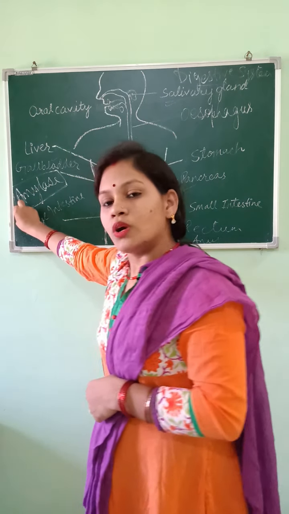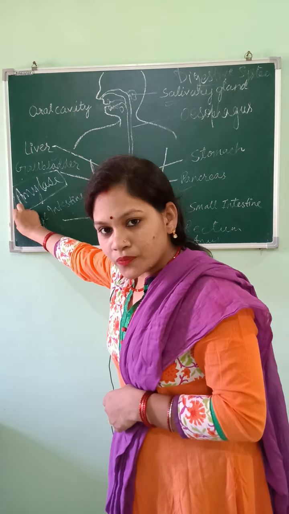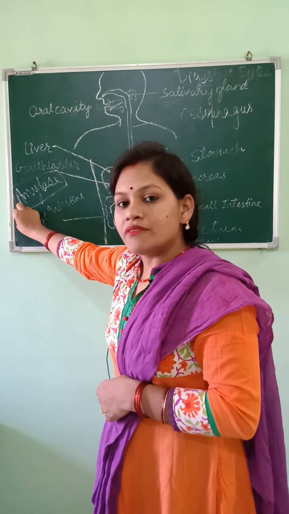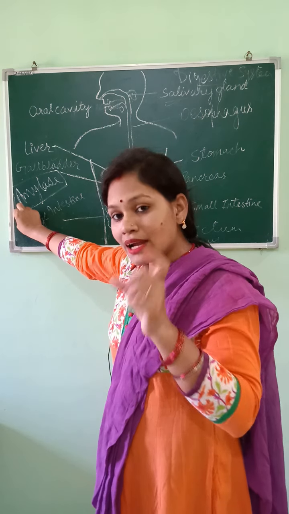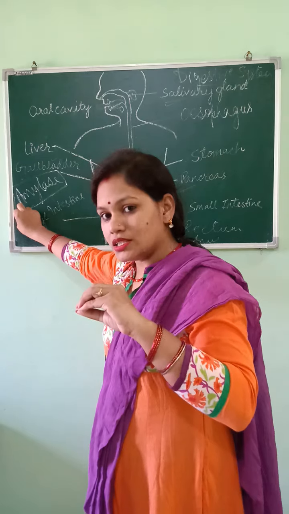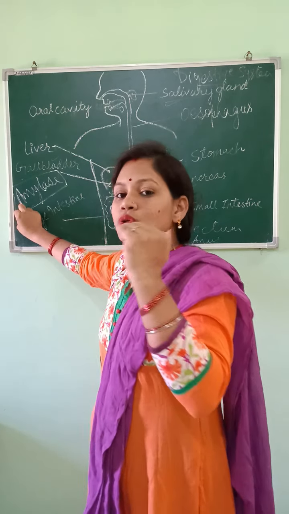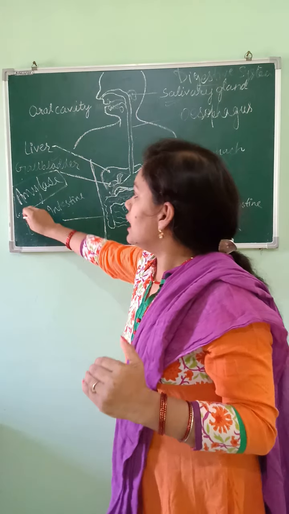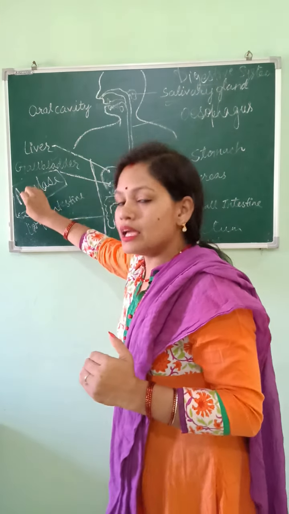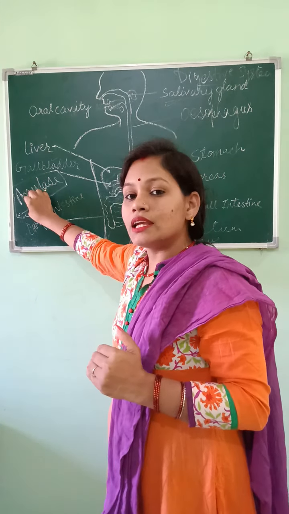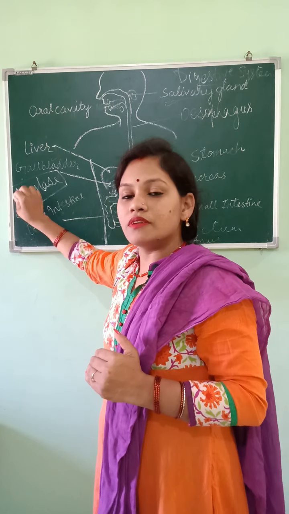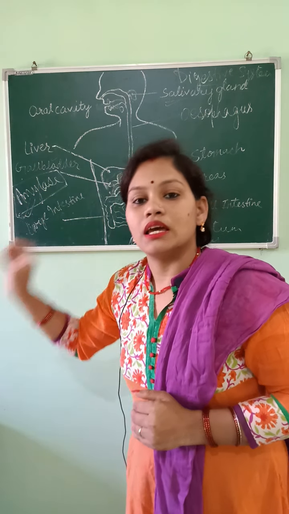Now what is digested in our mouth? The food which we have taken in has starch. That starch will be broken into glucose with the help of the enzyme amylase, which is secreted from the salivary glands, the 3 pairs of salivary glands.